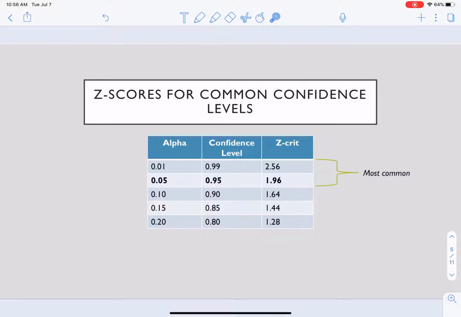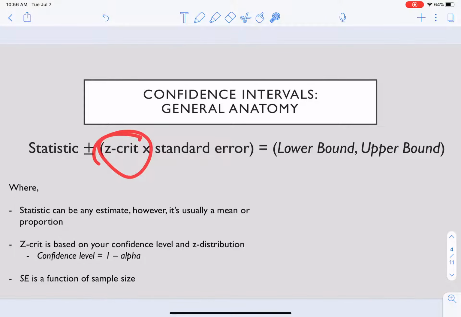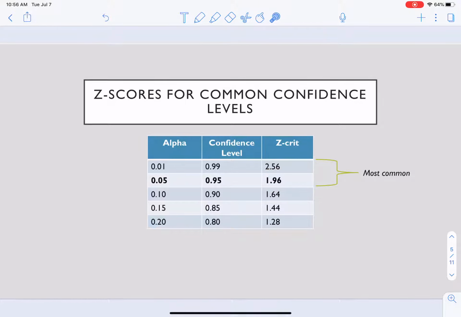And then in the formula, you just plug in 1.96. Easy peasy. If for some reason the alpha is different, say you use an alpha of 0.01, that means your confidence level will be 1 minus 0.01, which is 0.99, and you will use a z-crit of 2.56.